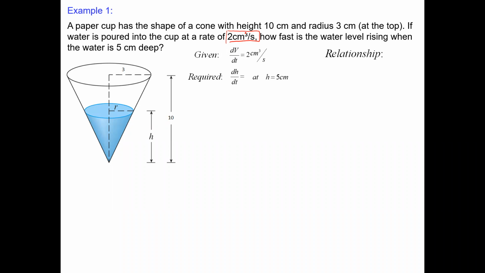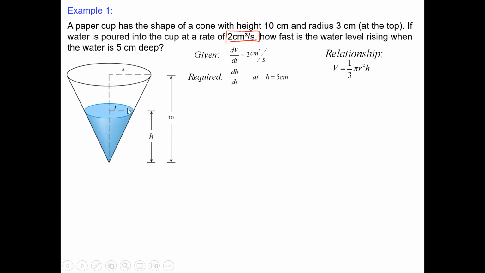The relationship is the formula of the volume of the cone, 1/3 pi r squared h. Everything is perfect except that radius r. We really have to remove that. We have to replace r with a formula which is related to h.